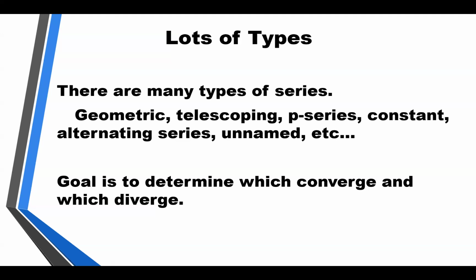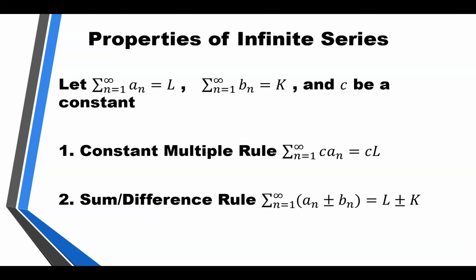Well, we know what happens with constant series, for alternating series, etc. So the goal will be to determine which series converge and which series diverge. And again, we have a really nice rule for geometric. We may ask, what are some other rules that we can use for infinite series?